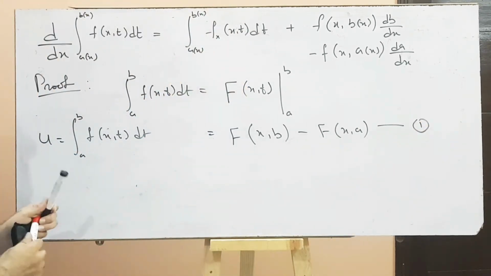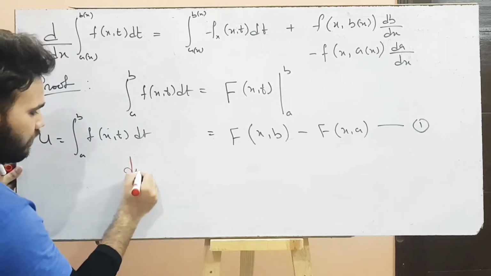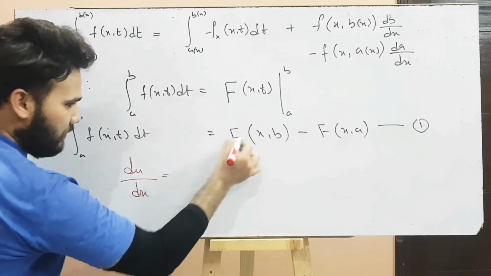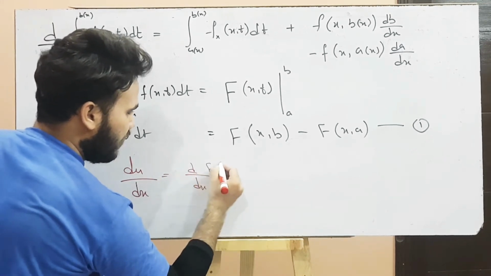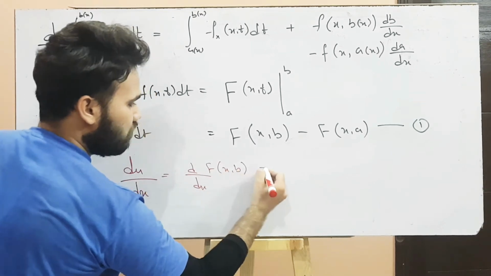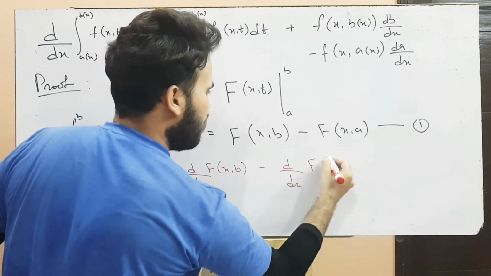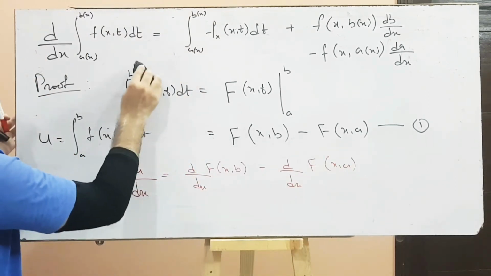Now, taking the derivative of u with respect to x, we get the derivative of F(x, b) minus the derivative of F(x, a).